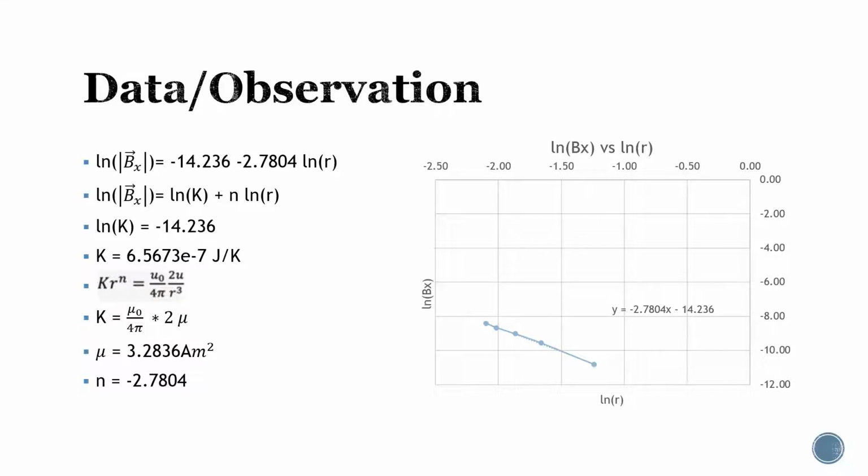Using the known relationship of distance dependence to a bar magnet, we obtain the value of ln k to be negative 14.236 and the value of distance dependence to be negative 2.7804. Then we can calculate the magnitude of the magnetic moment, which is 3.2836 Am squared.